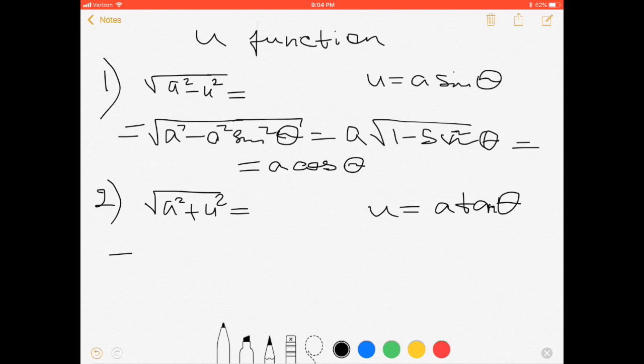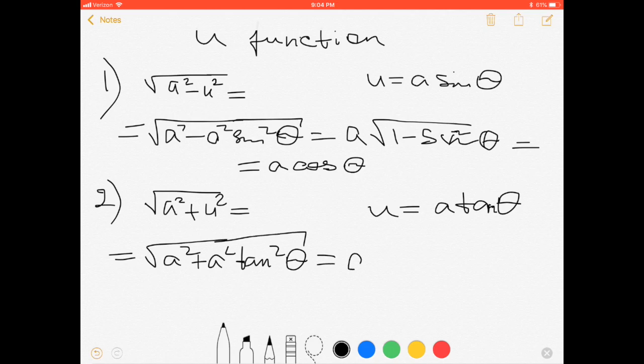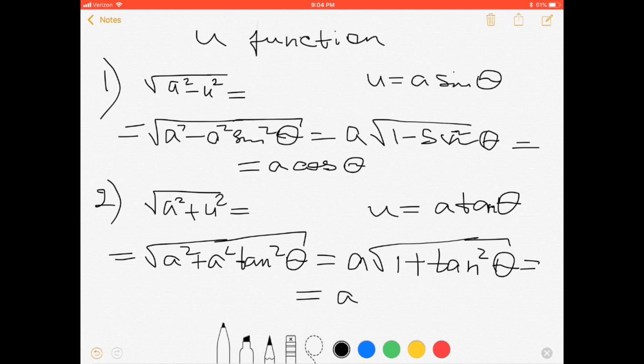Plug here, you have a square plus a square tangent square theta. Take out a square, 1 plus tangent square. How you remember this is secant square, and this means here you have a secant theta.